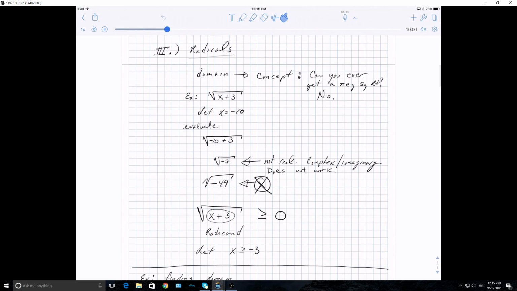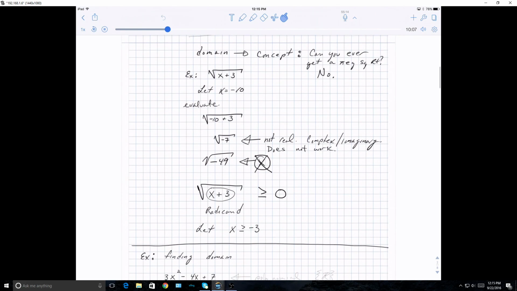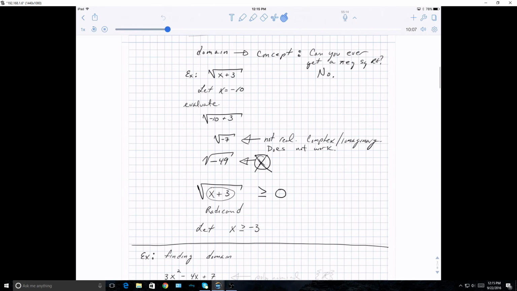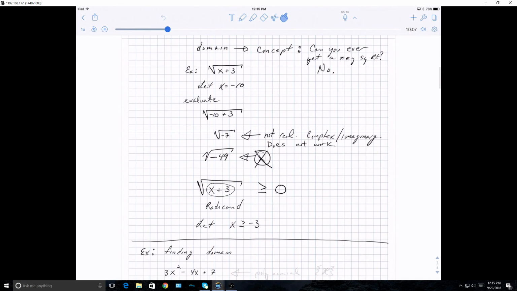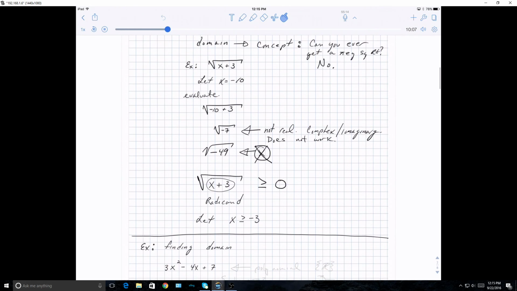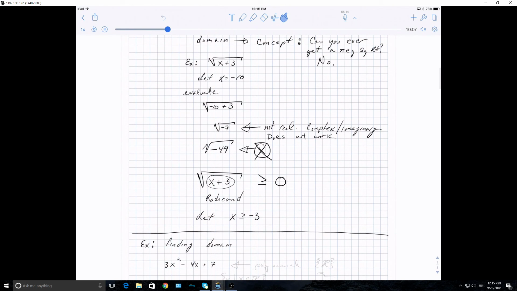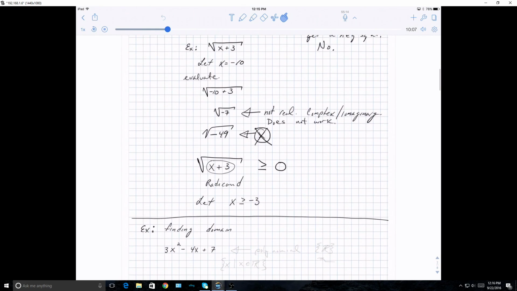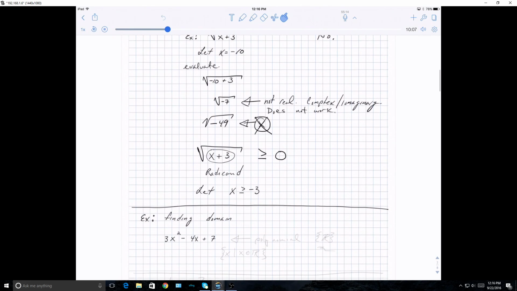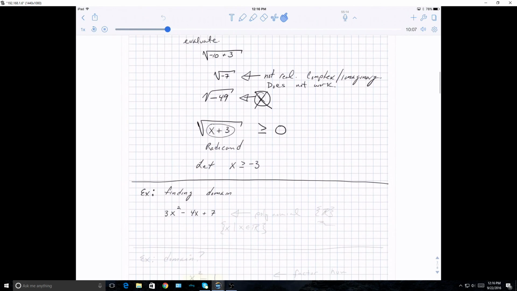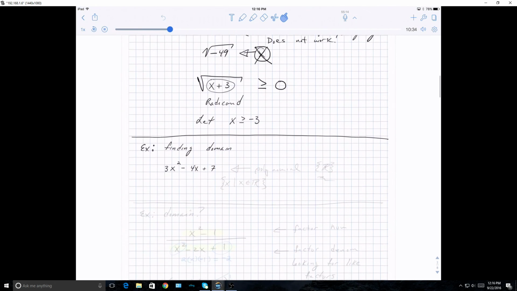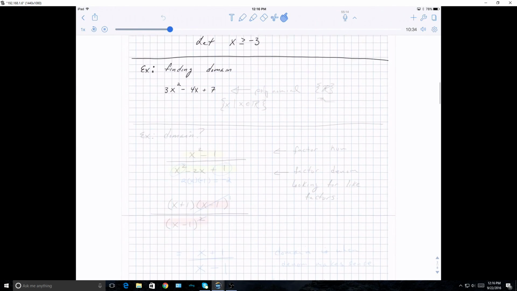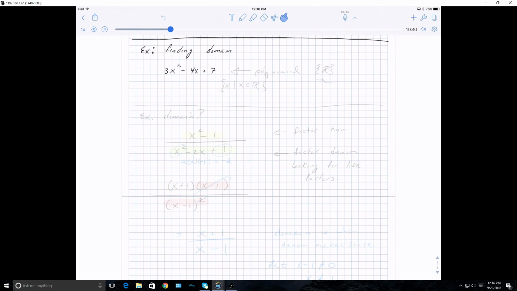So when we're looking at the domains for each and every one of these categories, it takes a little bit of practice to identify which ones we need to set greater than or equal to 0, which are the radicals, or all of the real numbers for the polynomials, and the biggie, the rational expressions, which state that we simply cannot divide by 0. All right, so let's start to do some examples and identify the domain as part of the process.